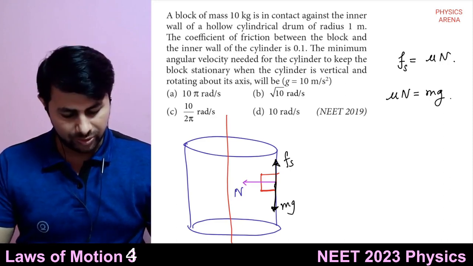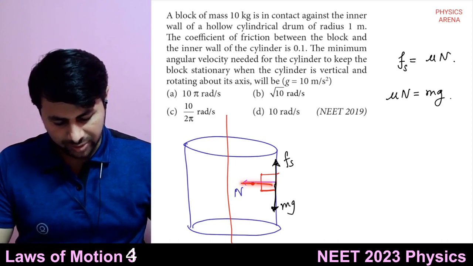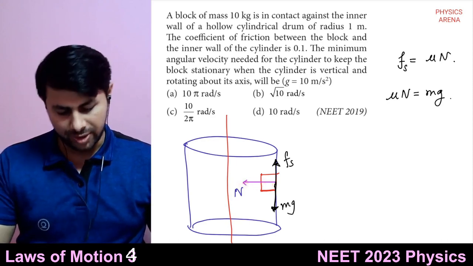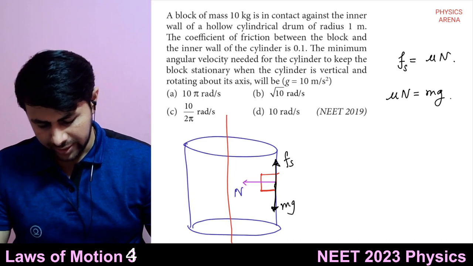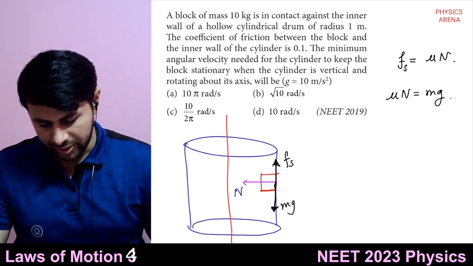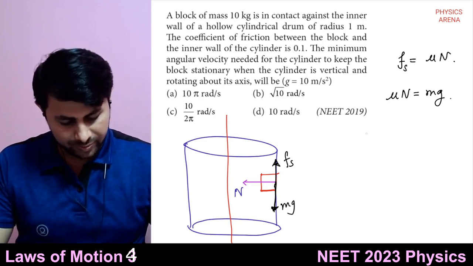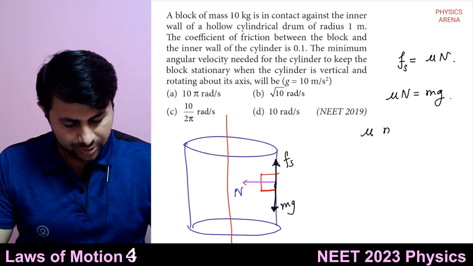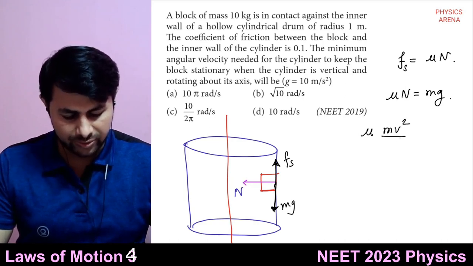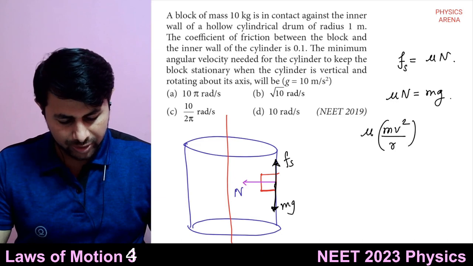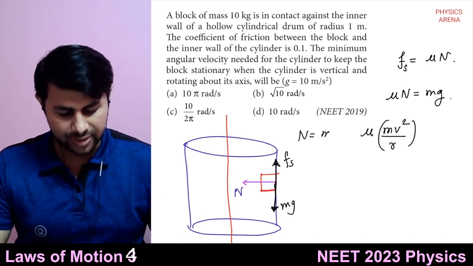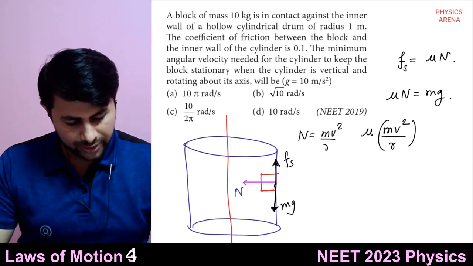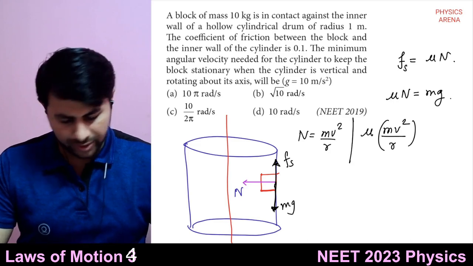That's what we have to find. Here the normal reaction provides the centripetal force. That means the normal reaction is equal to mv square upon r. So mu times normal reaction is equal to mv square upon r, and this is equal to m times g.